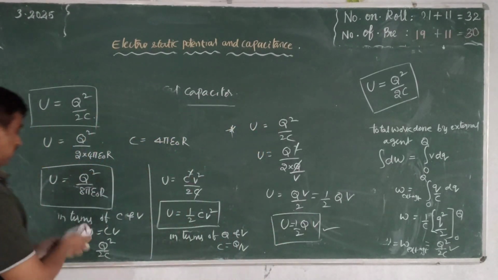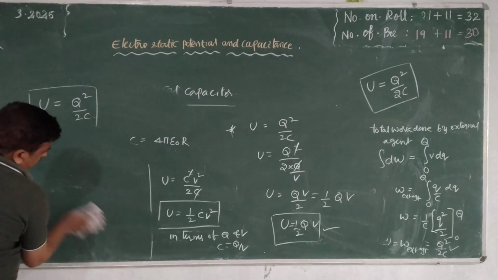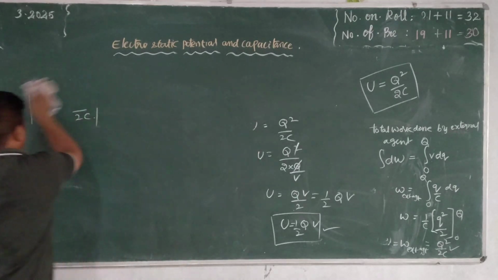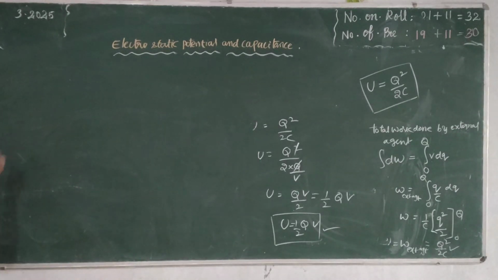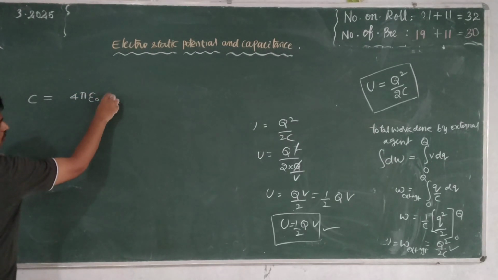What are the disadvantages of this spherical capacitor? The capacitance of the spherical capacitor is 4 pi epsilon naught r.